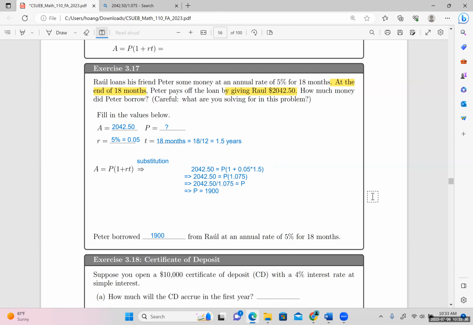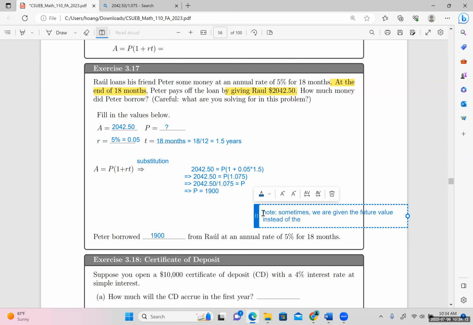So note that sometimes we are not given the present value, maybe we are given the future amount, the future value, instead of the present value.